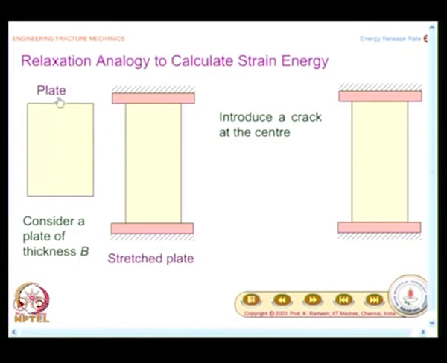For your understanding, you could consider it as a rubber plate. You could take a cycle tube, cut it and make a sheet out of it, then stretch it and clamp it rigidly.